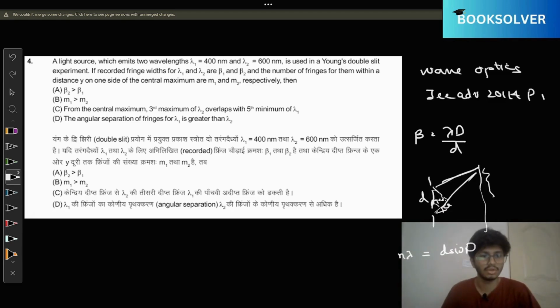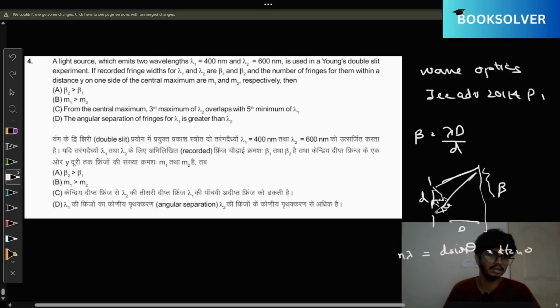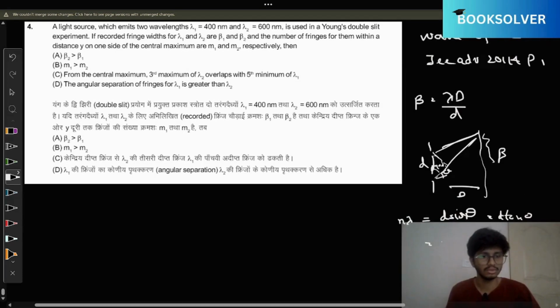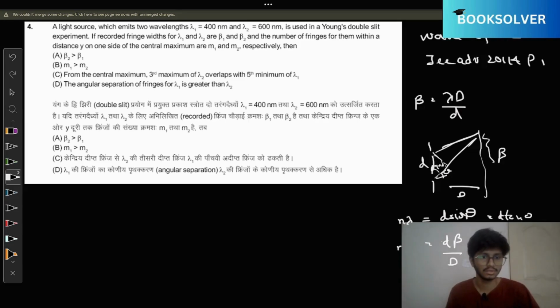Sine theta is almost equal to tan theta, and tan theta is beta by D. So d into beta by D is equal to n lambda. So n lambda D by d is equal to beta.